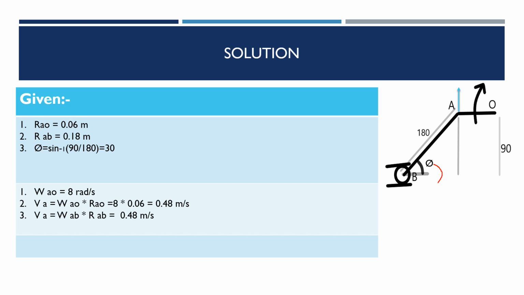We can calculate the velocity at point A by multiplying omega of AO and the radius of AO, which is 8 into 0.06, equal to 0.48 meter per second. Velocity of A is also equal to omega AB into radius AB, which is equal to 0.48 meter per second.